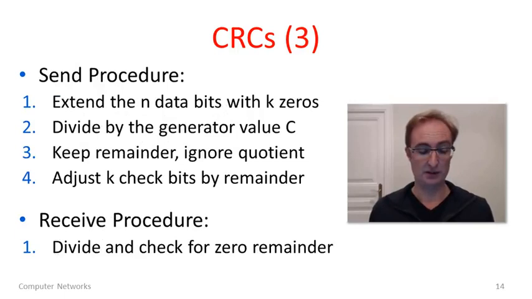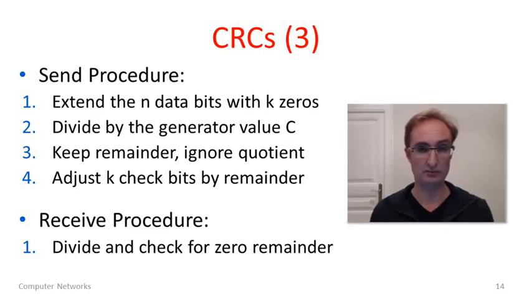So the send procedure for a CRC is as follows. You take the data bits, and really we're mimicking here what we did with our decimal digit example. You take the data bits, you extend them with k zeros, then you do a division by this generator value. Once you do that, you look at the remainder to see what it is.